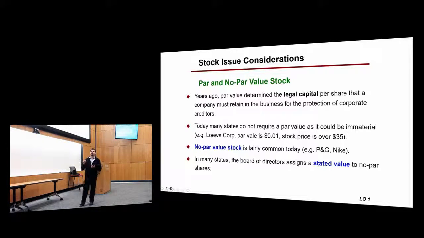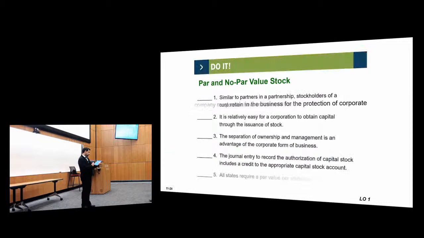So instead of having a par value, which would be mentioned in the charter granted by the state, if the state does not specify par value, the board of directors might assign a stated value for that one. It is treated in the same way, but this is stated by the board of directors. Okay? We will learn how, and there are actually certain stocks that have neither. In this case, everything will go to common stock. So let's see how we account for these.